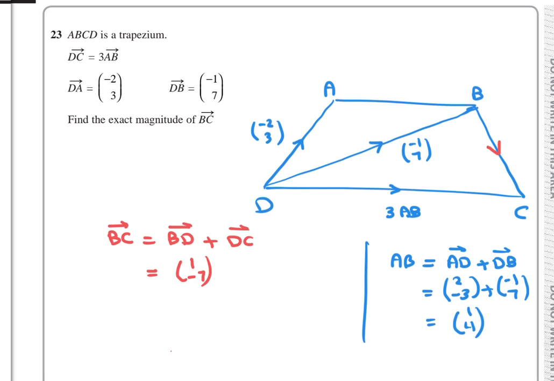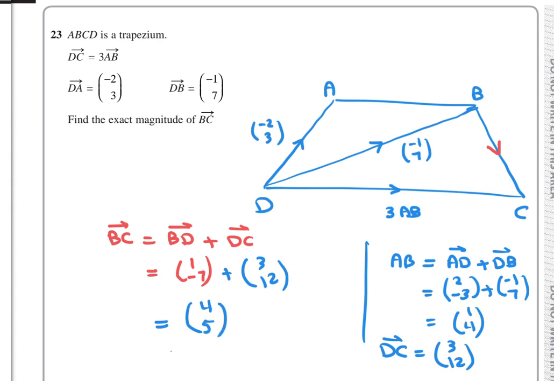So now you can deduce that vector DC, 3 times vector AB, equals 3 times 1, which is 3, 3 times 4, 12. So (3, 12). Now add them. 1 plus 3 is 4. Negative 7 plus 12 equals 5.